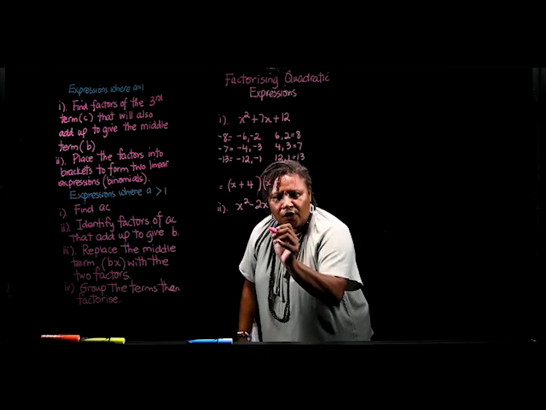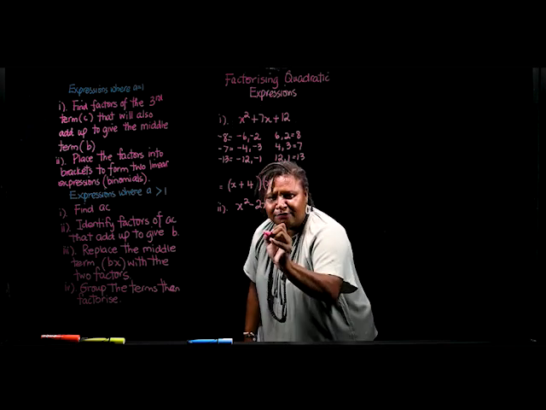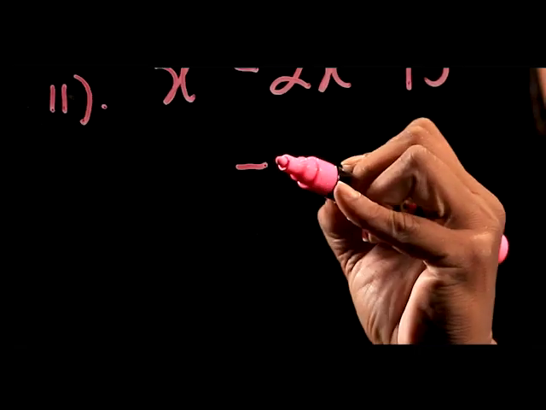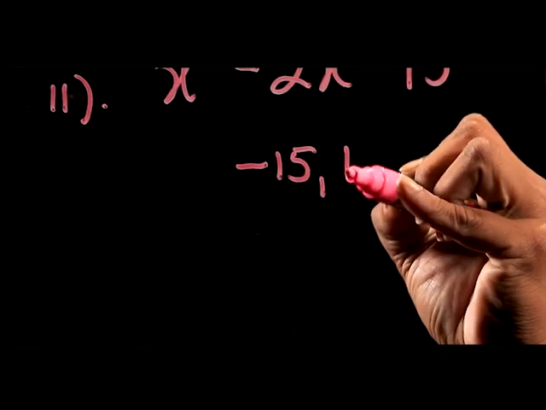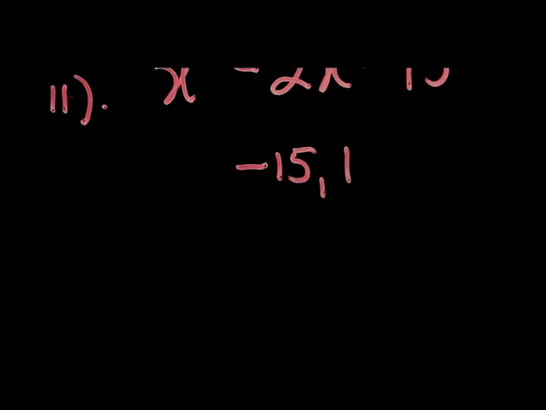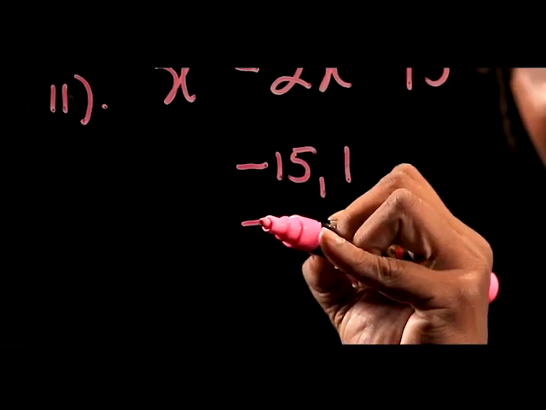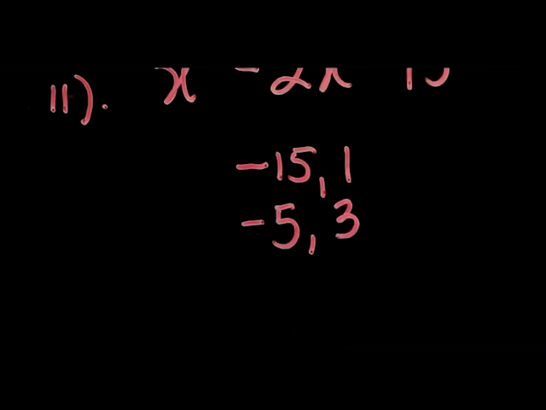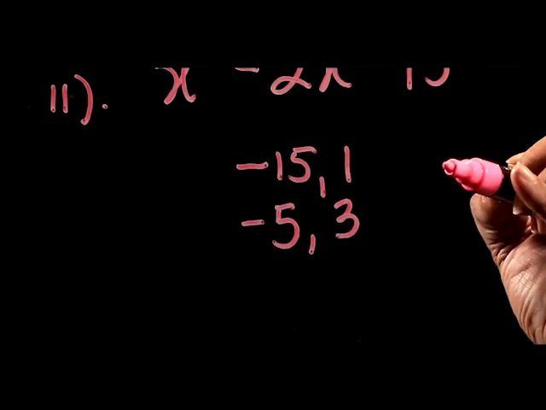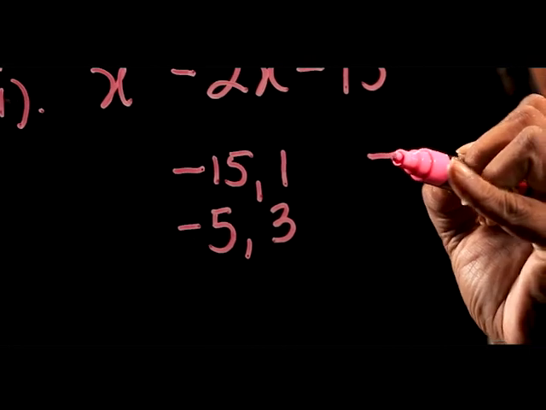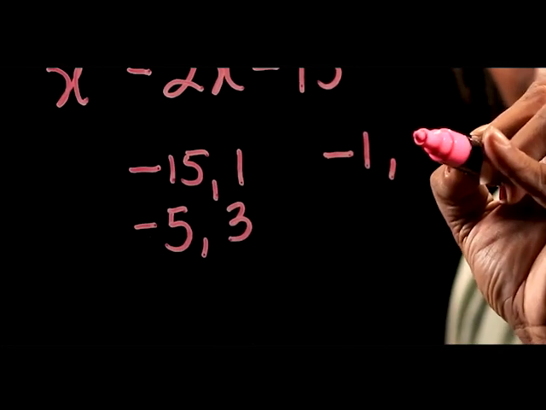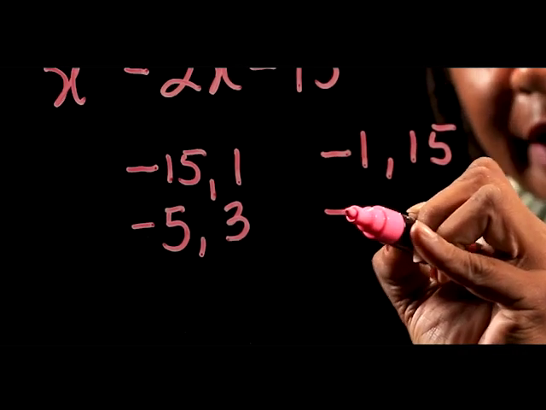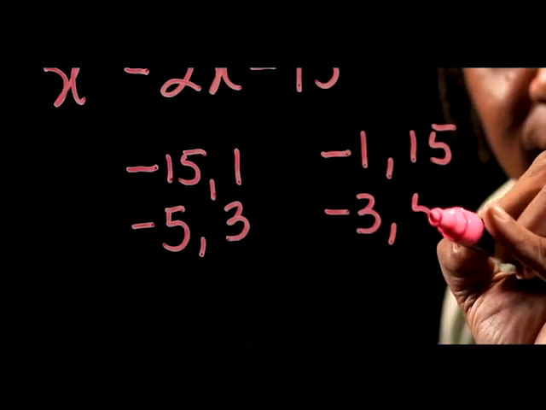So all the factors of negative 15 will be negative 15 and positive 1, and negative 5 and positive 3. You will also have negative 1 and positive 15, and also negative 3 and positive 5.